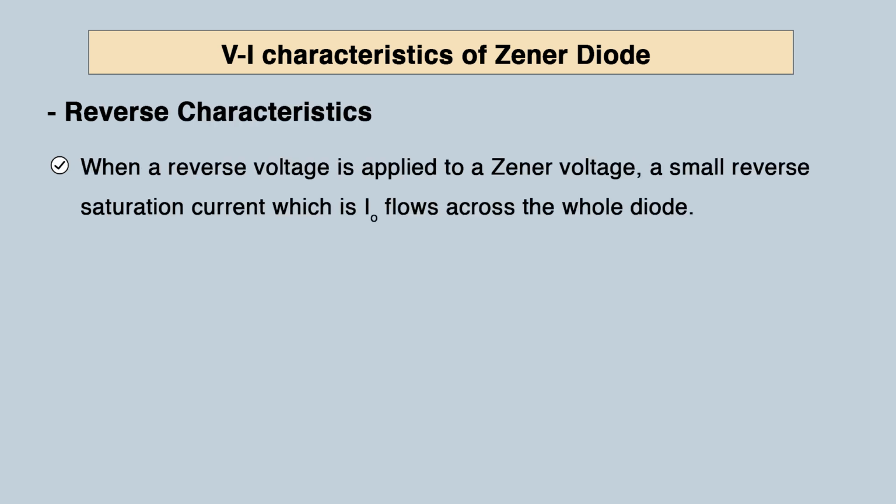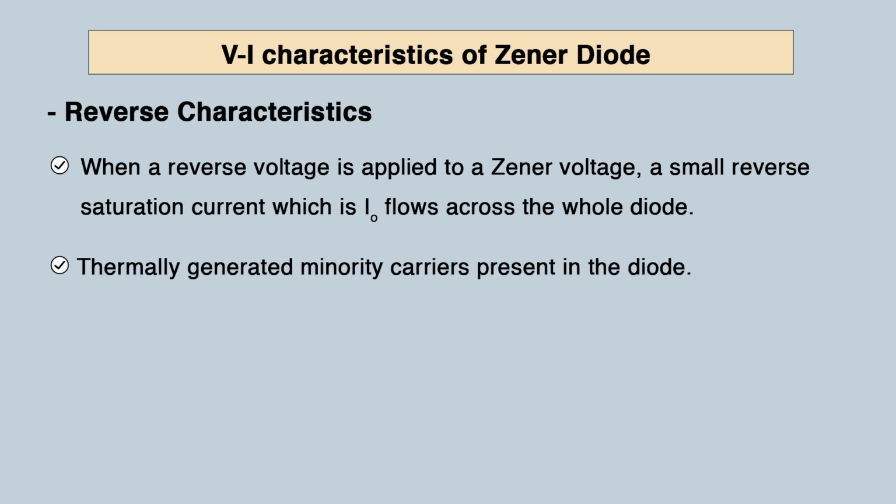When the device goes into the reverse condition, a reverse voltage is applied to the Zener diode. A small reverse saturation current I0 flows across the diode. This current is present due to thermally generated minority carriers in the diode.